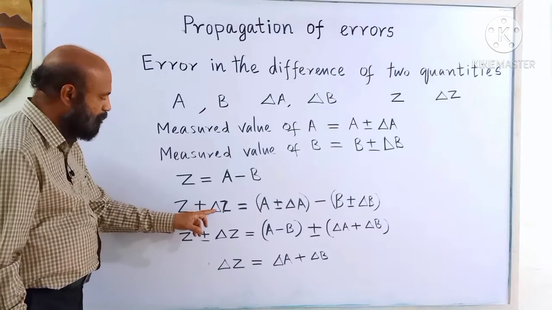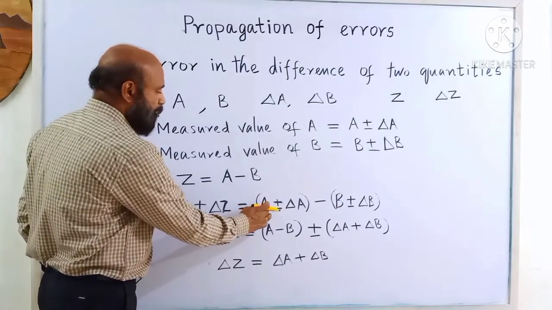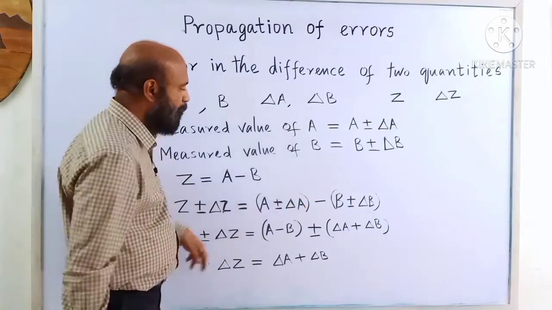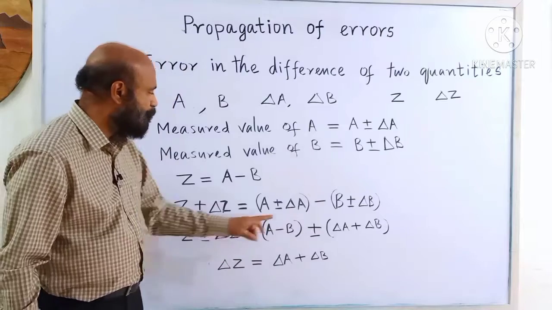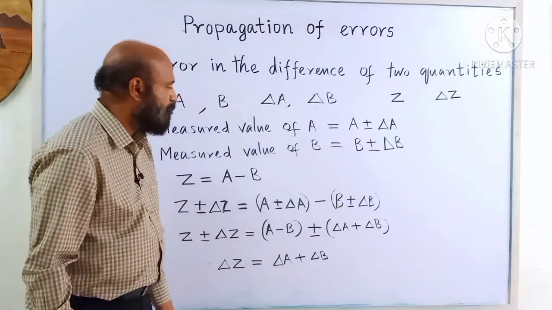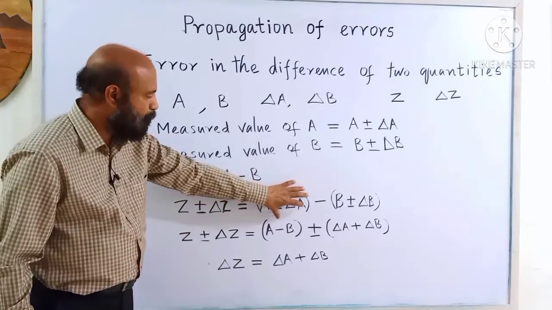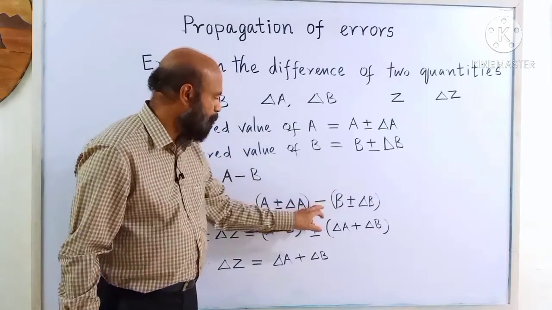Z plus or minus delta Z is equal to measured value of A, A plus or minus delta A, minus B plus or minus delta B, because Z is A minus B. This is the measured value of A, this is the measured value of B. You subtract.